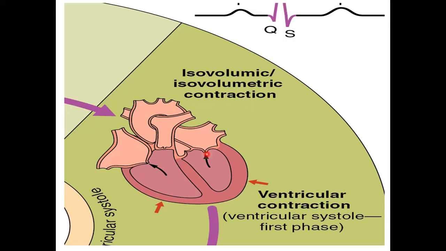The increase in pressure within the ventricles leads to the sudden closure of the AV valves, and this sudden closing is responsible for production of the first sound.